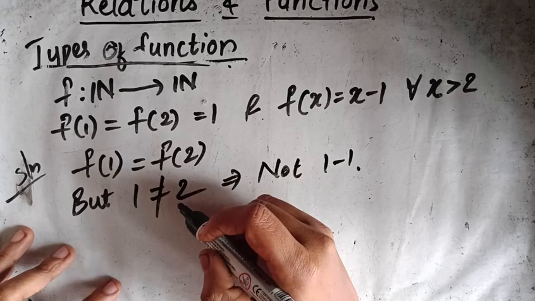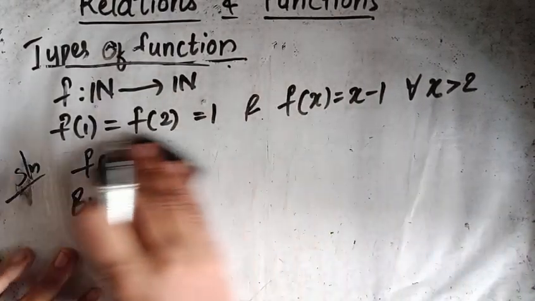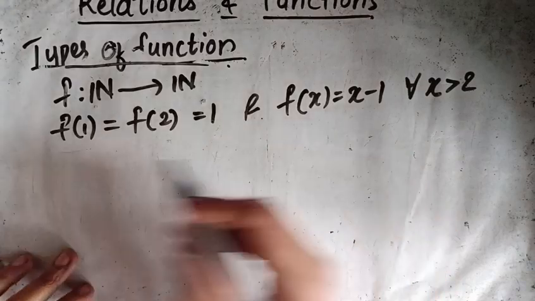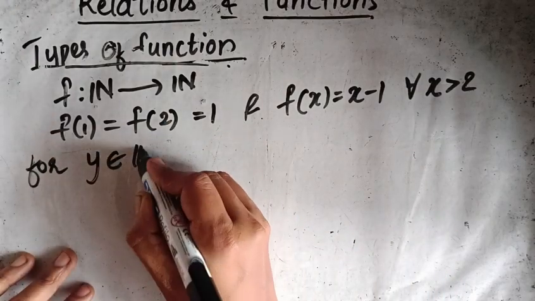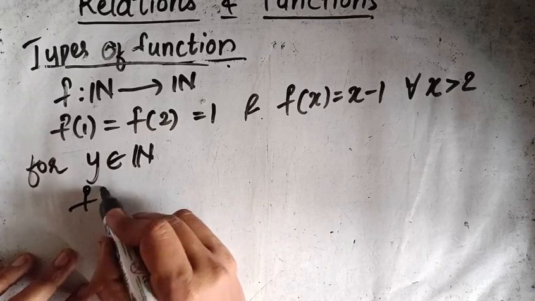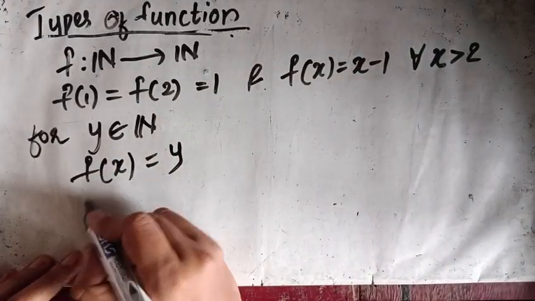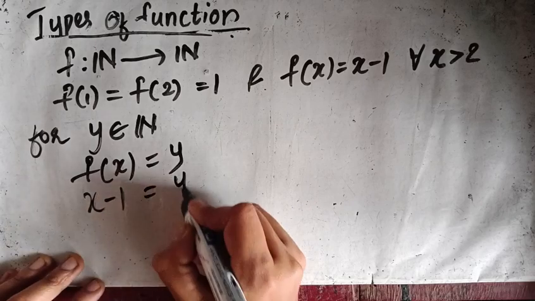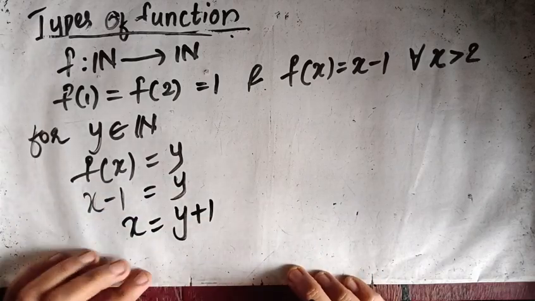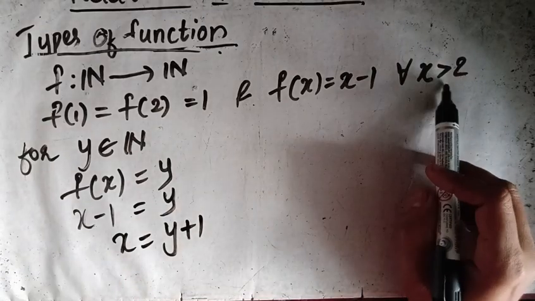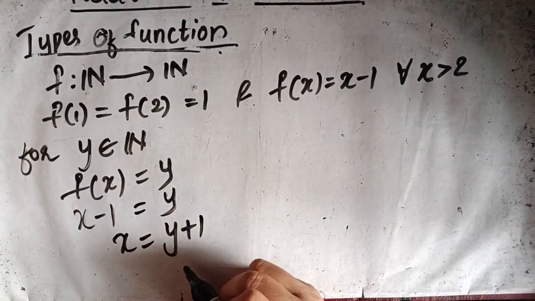Then for onto, you can take for any y belonging to the set of natural numbers, f of x equal to y. f of x is what? x minus 1. So x is y plus 1. And they have given that x is greater than 2.